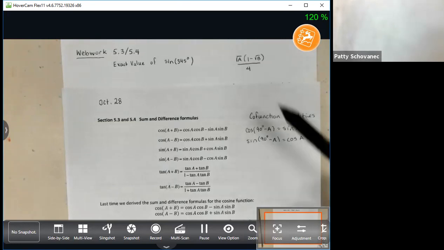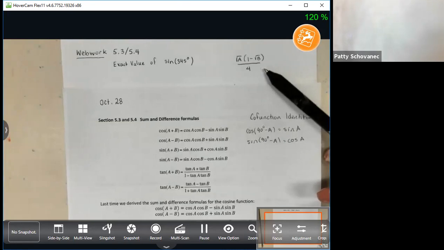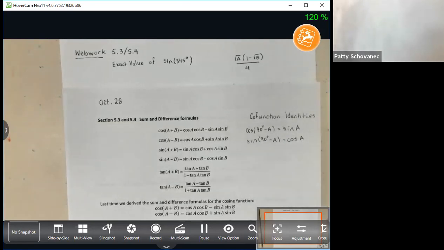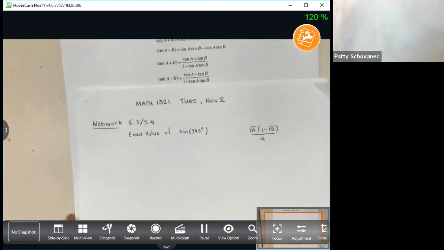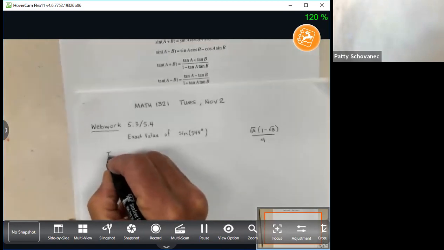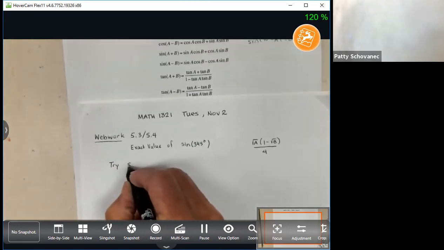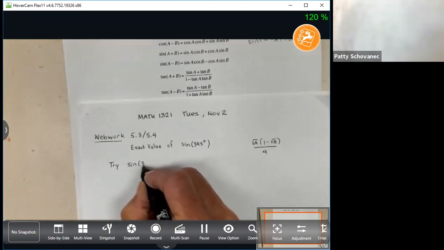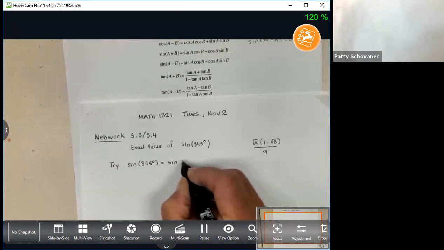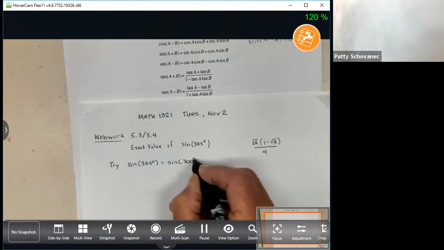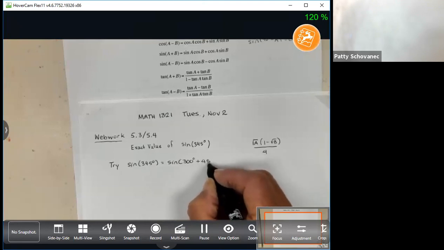Then I'm going to try to put my answer in this form. If I can, then I found it. If not, then I've got to go to the difference formula. So my first attempt, we're going to try the sine of 345 degrees as the sine of 300 degrees plus 45 degrees.